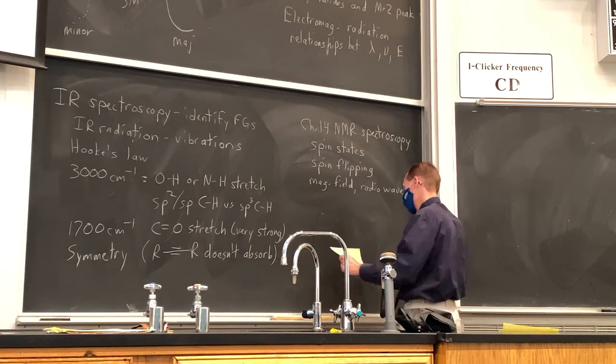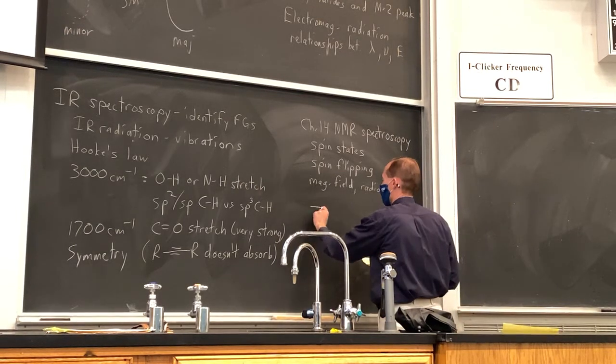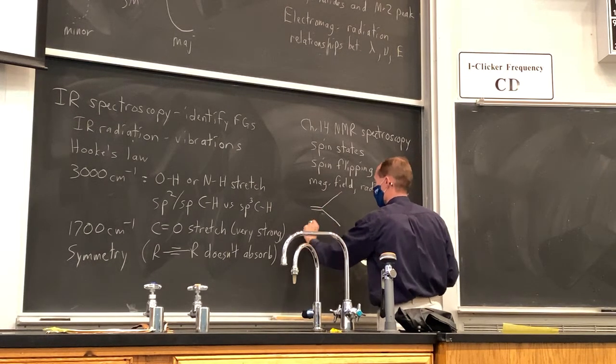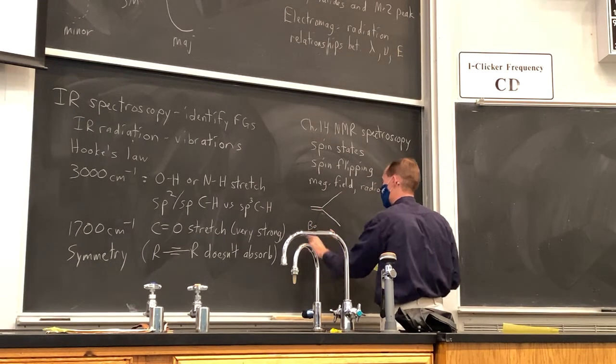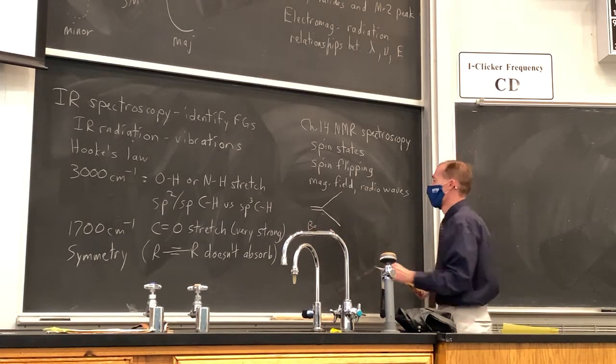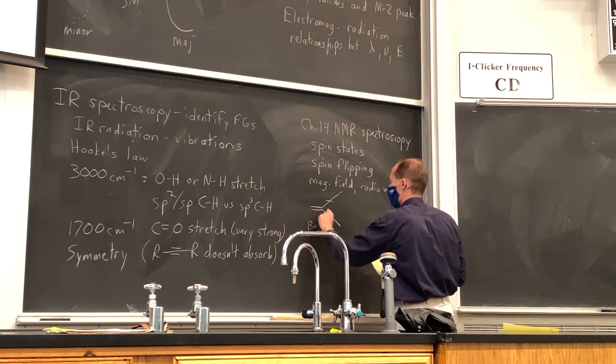I drew a diagram for you. It looks something like this, with magnetic field strength on the x-axis, energy on the y-axis. So you should understand the significance of this diagram.